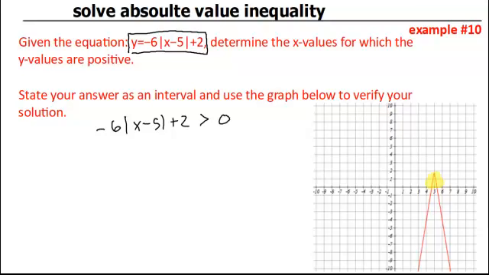So what we're doing is we're taking this equation, creating our own inequality from it, and then we solve the resulting inequality. Okay, so our steps to solve this: we isolate our absolute value, so we subtract 2 from both sides. Again, subtracting 2 doesn't change the inequality symbol, but when we divide by a negative, now it does.